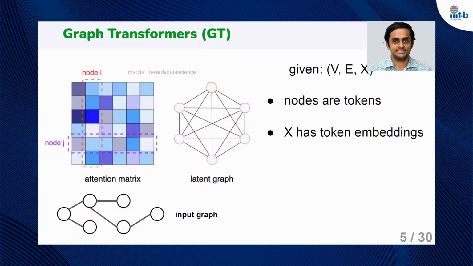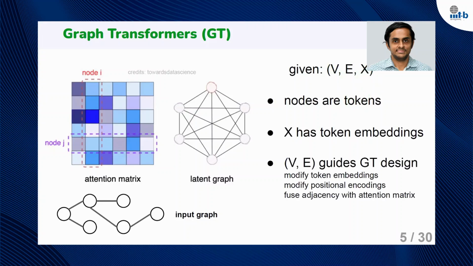We are given V, E, X, which is this input graph. Nodes are tokens, and X has the token embeddings, the node features that we talked about. In any graph transformer, with V and E the set of vertices and set of edges, the graph will guide the transformer design. Depending on how the graph is used, there have been different GT proposals.